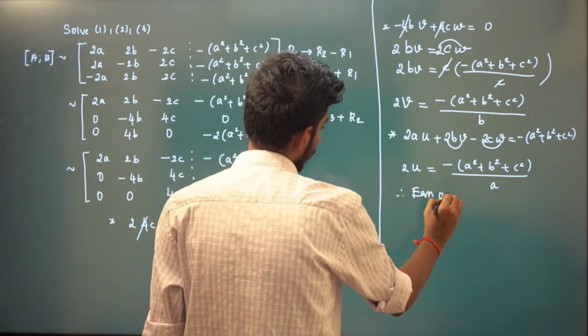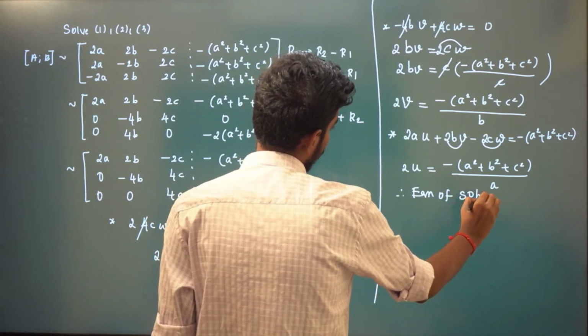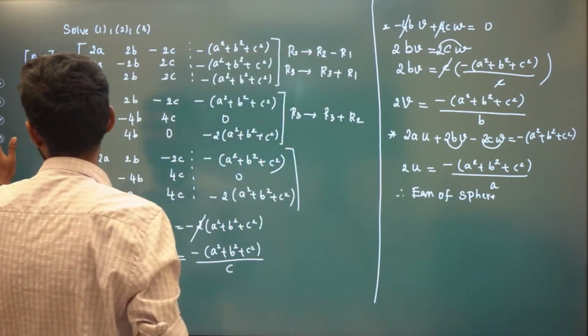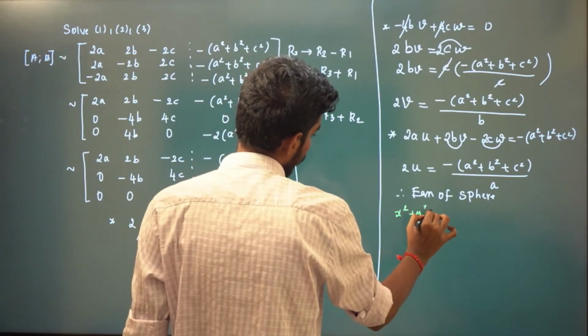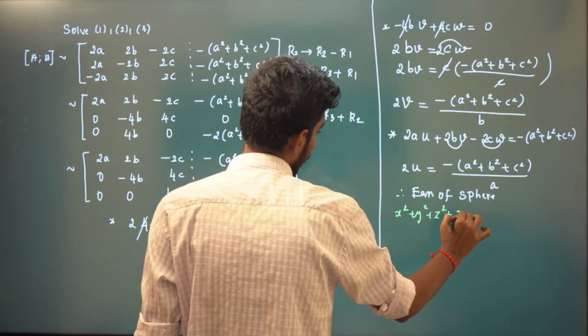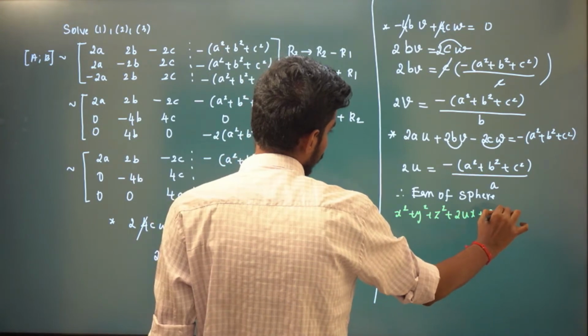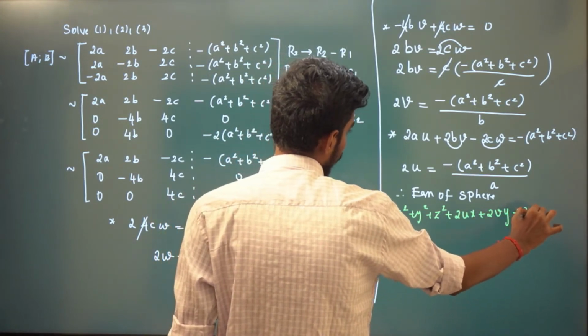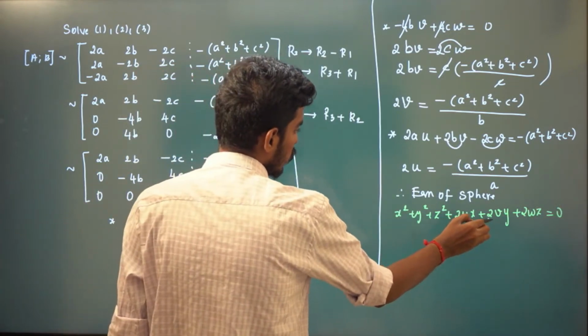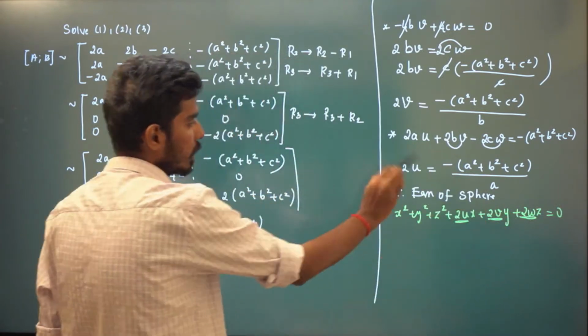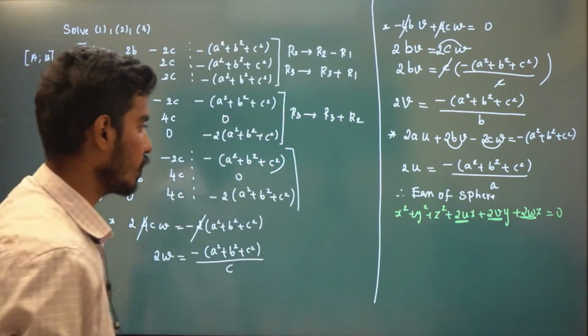So therefore, equation of sphere is given by x square plus y square plus z square plus 2ux plus 2vy plus 2wz equal to 0, because d is 0. Now instead of 2u, 2v, 2w, replace these values, you will get the required answer.